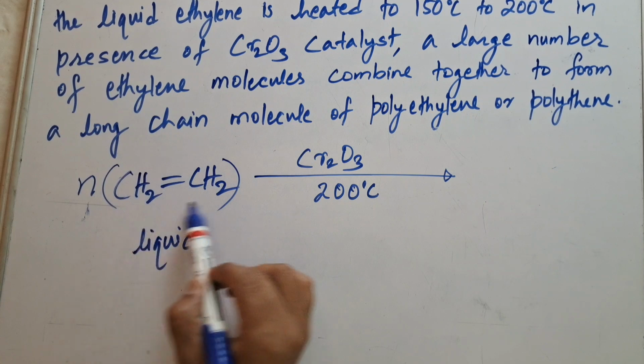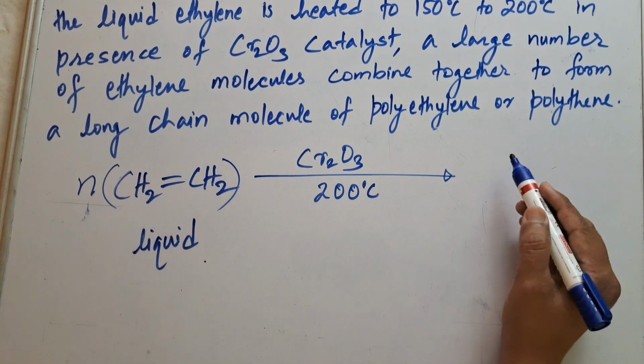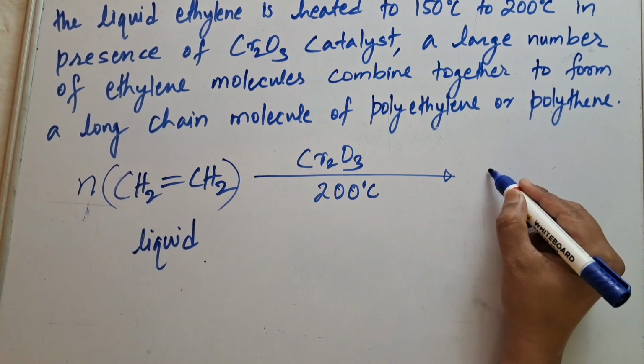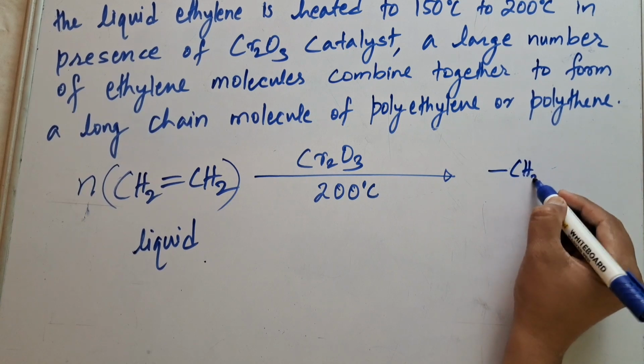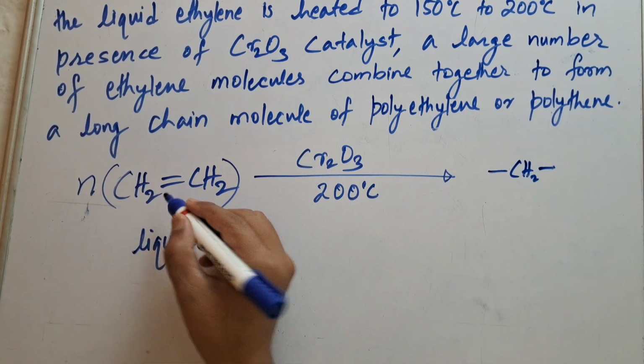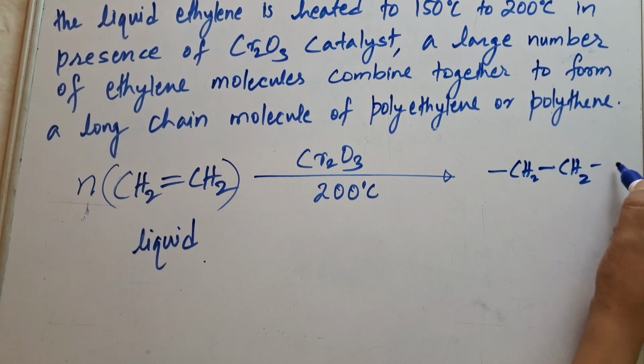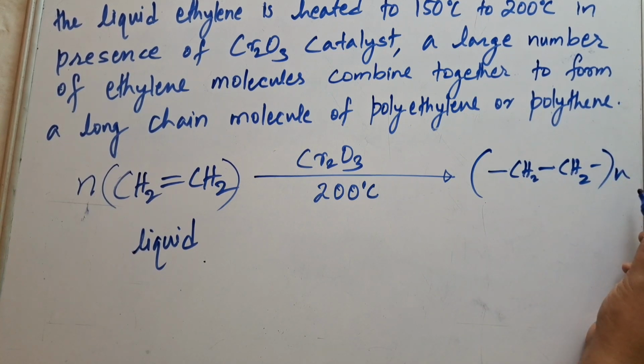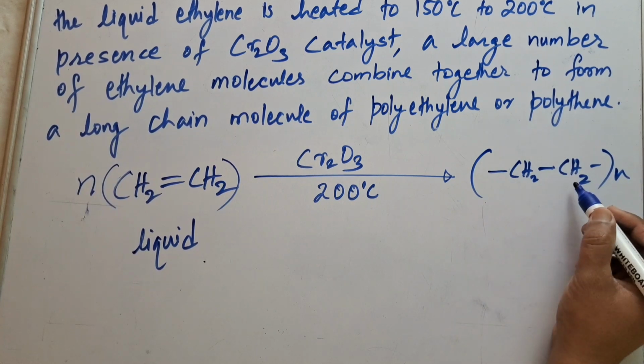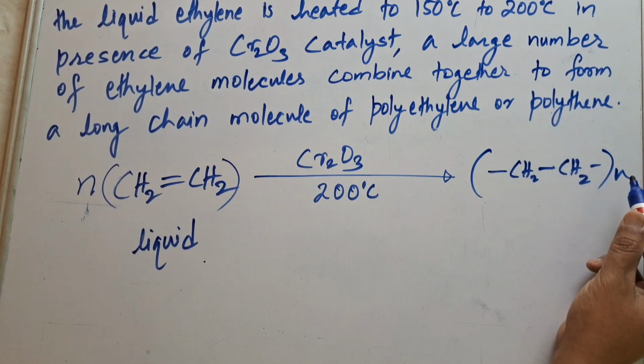These ethylene molecules form a very long chain, okay, CH2 single bond. This double bond is reduced to single bond, CH2, and the chain continues, and the length of the chain is n, okay, CH2 CH2 CH2, n numbers, a very long chain of CH2 CH2 CH2 continues.